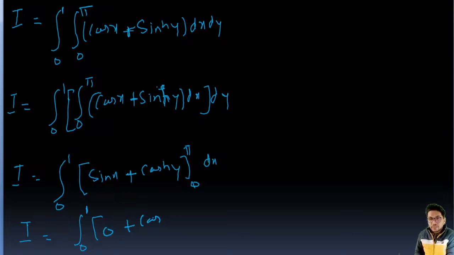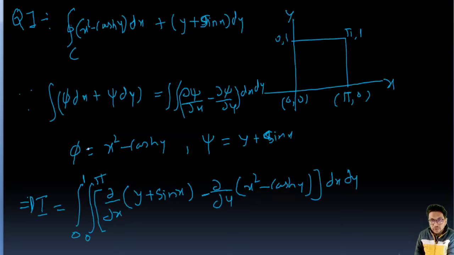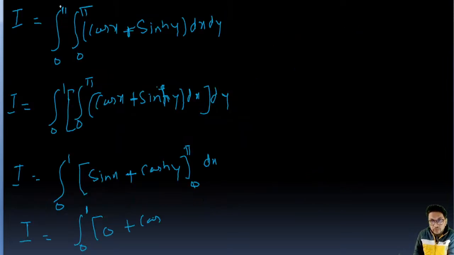I think it's fine. Okay, here we have taken a limit, right? So the limit is going to be this one. Here we are going to take 0 to 1 first, and this is 0 to pi. Similarly, here is going to be 0 to pi, and this is going to be 0 to 1.